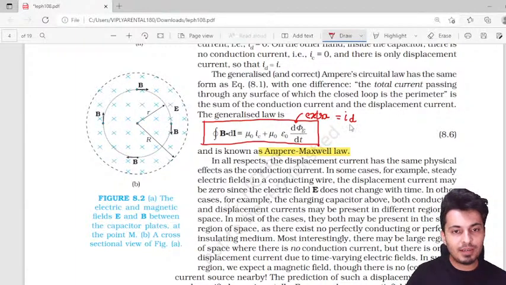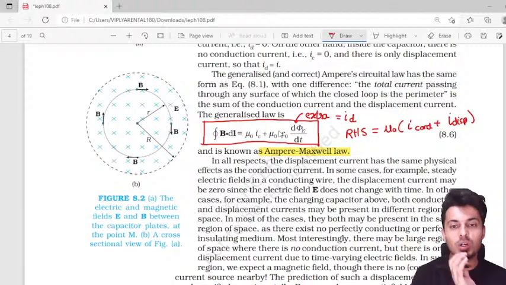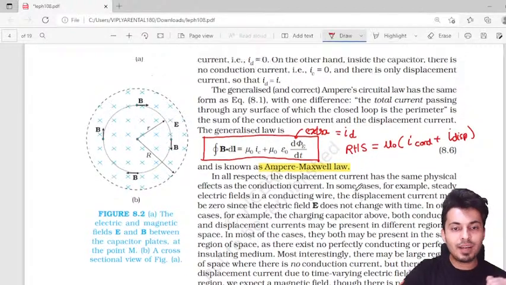So in the RHS, you have mu naught into I total, that is conduction current, plus what do you have? The displacement current. That's what you can see over here. If you take mu naught common, it will be IC plus epsilon naught d phi by dt.